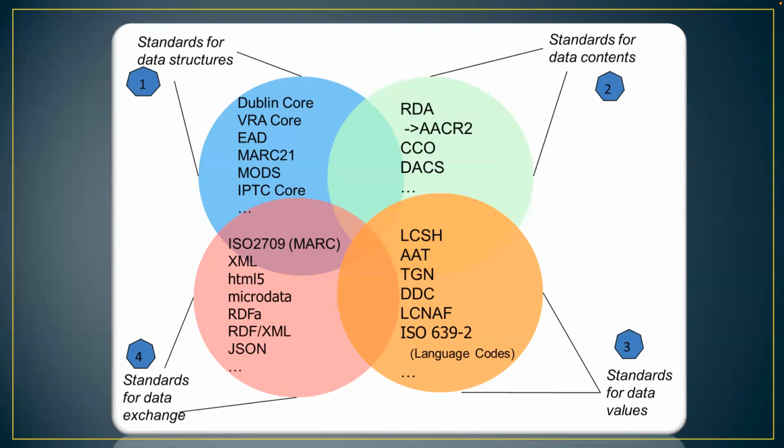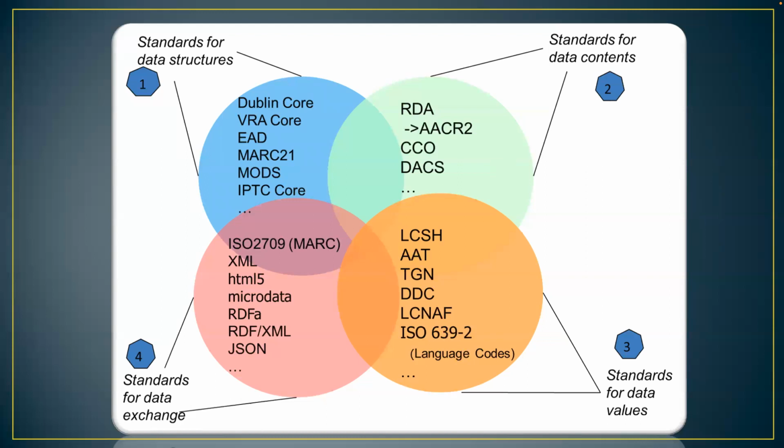But let me say there are many reasons why we have all these different, and some very similar, functionally similar standards. One is that there are different requirements for the metadata standards in different communities or for different information objects. For example, we will talk about the different standards used by libraries, archives, museums, and digital collections. And of course, we can see the standards are designed for different purposes. That is definitely one of the reasons.